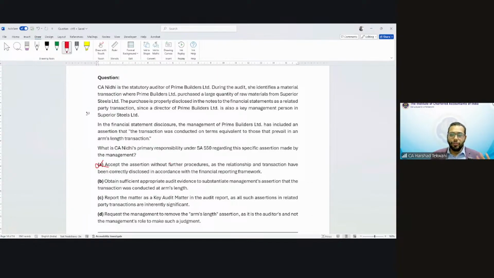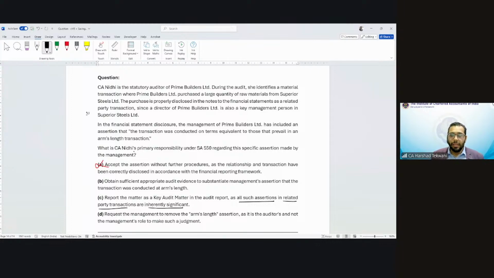Now going to C: report the matter as a key audit matter in the audit report, as all such assertions in related party transactions are inherently significant. That is not correct. Key audit matters have to be significant, but it is not the scenario where all the assertions in related party transactions are inherently significant.